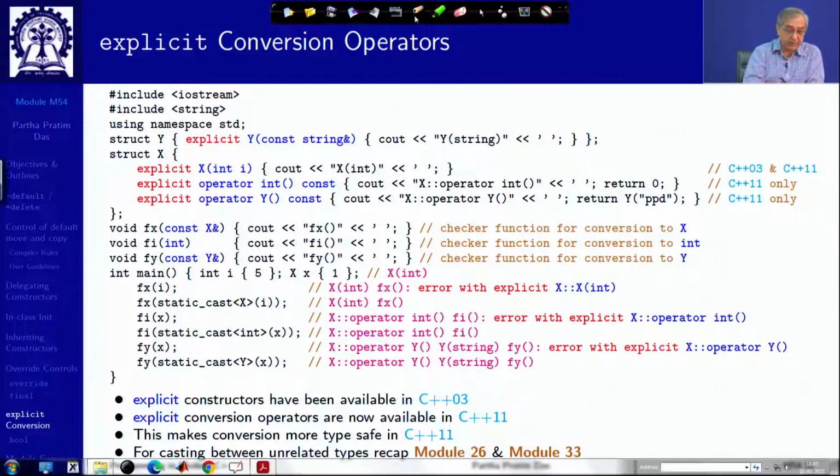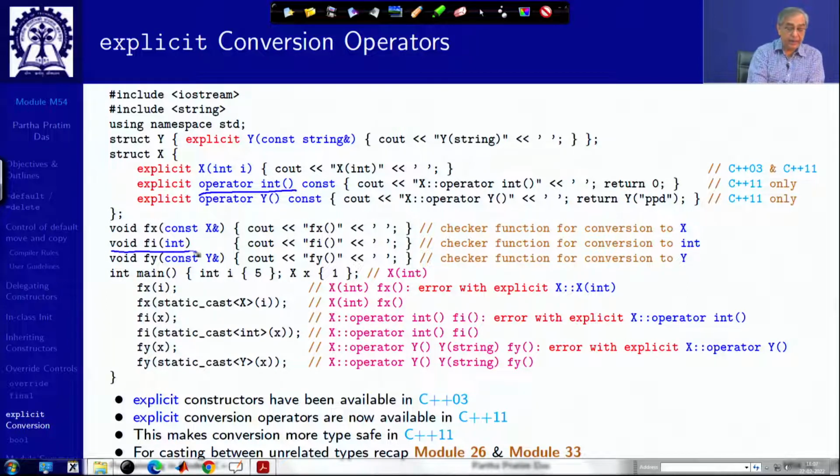So, this is a basic difference if you have an f which expects a constant reference to an x object, and x has a constructor like this, this is the implicit instantiation, this is the explicit instantiation. If this is explicit, then this will not compile. But the similar thing you cannot do in terms of the cast operator.